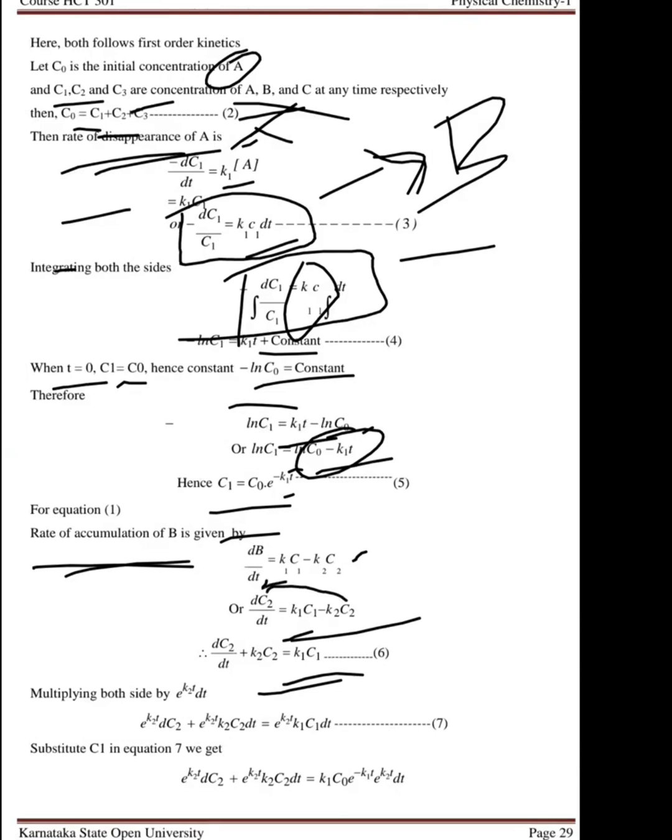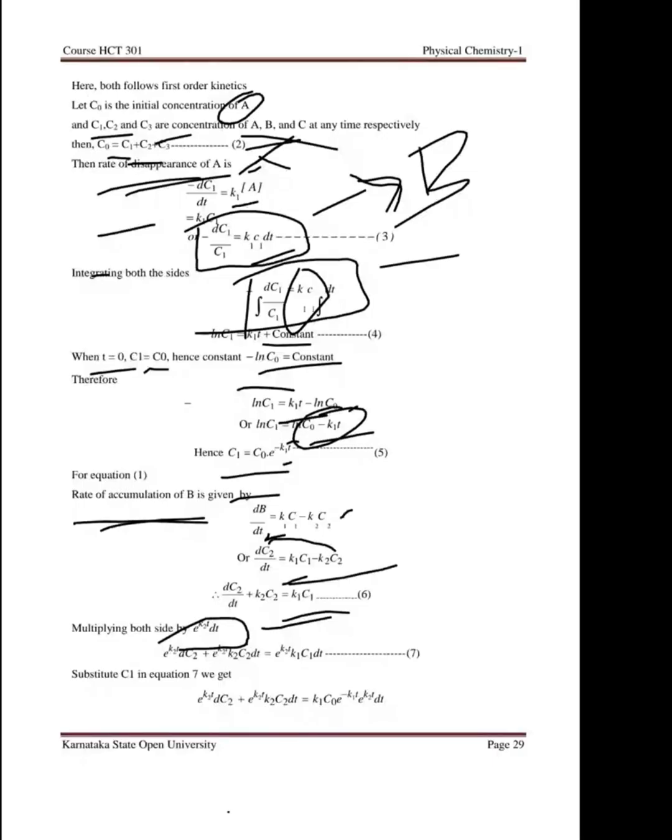Further, multiplying both sides by e to the power of K2 t, we get this equation.